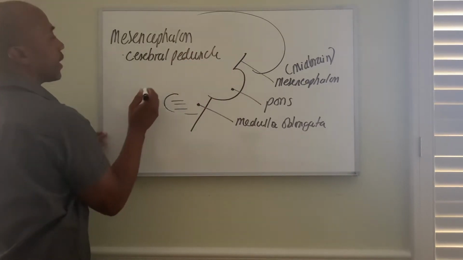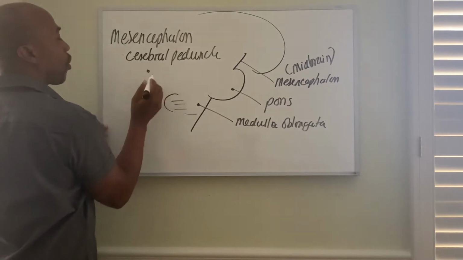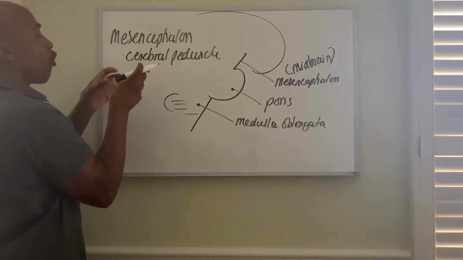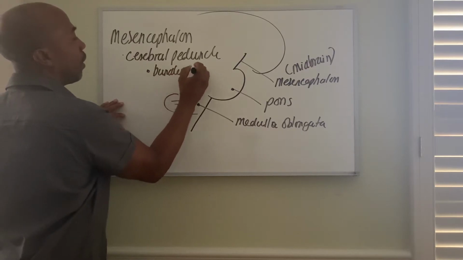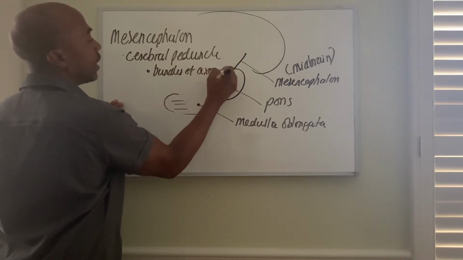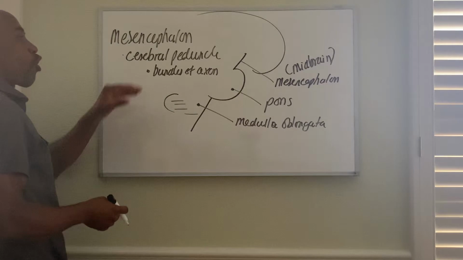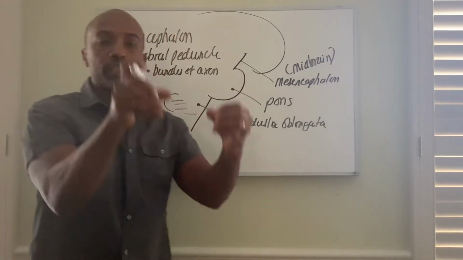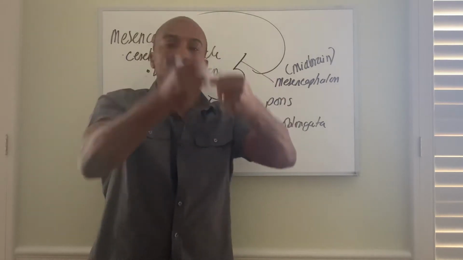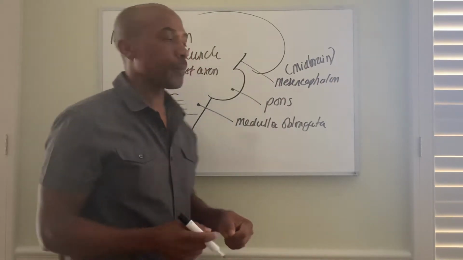It's formed by bundles of axons carrying messages from the cortex down towards the spinal cord. So as they go down, they form these bundles, trunks, called your cerebral peduncle.